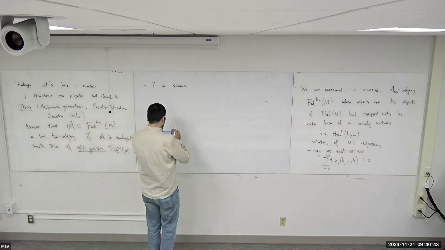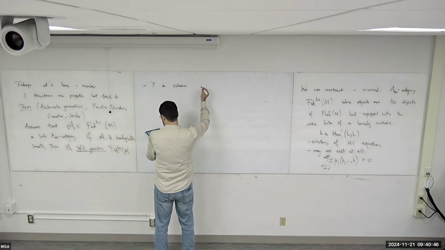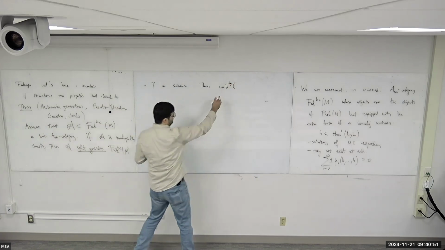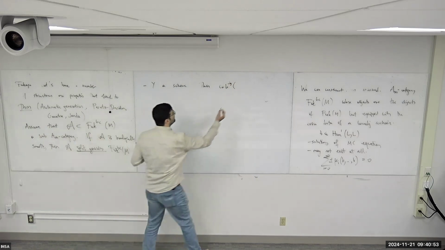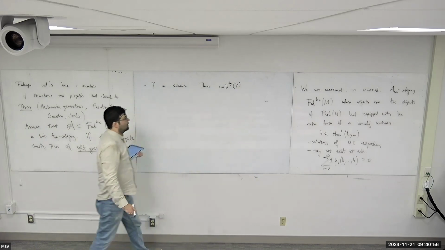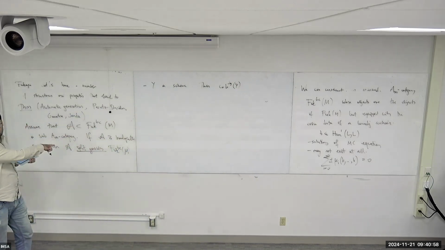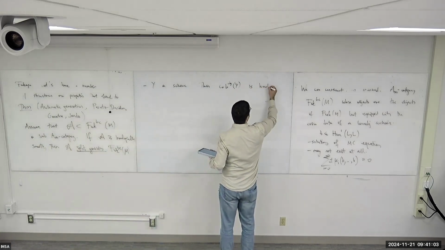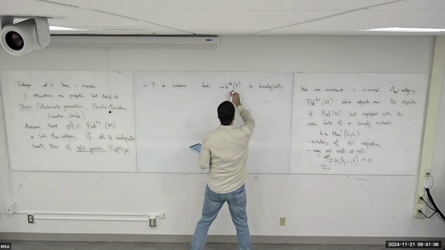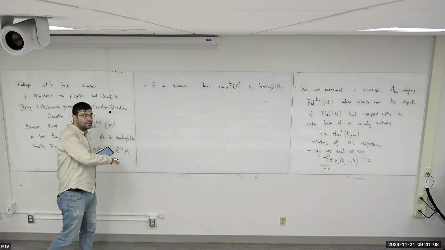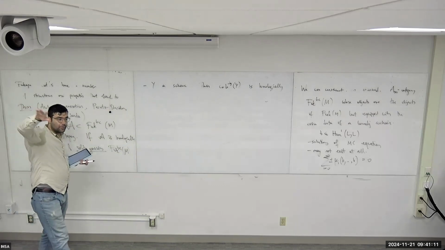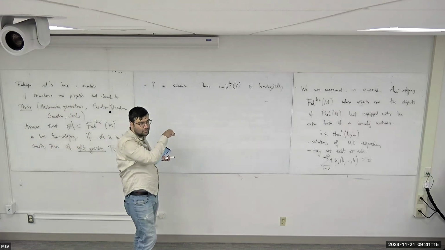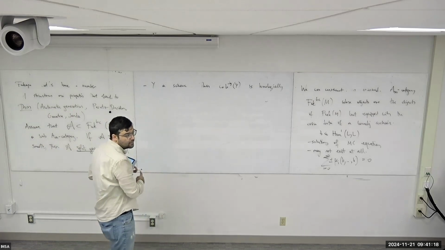Then a DG enhancement, just the derived category of coherent sheaves, if you don't know what this is, satisfies this property. Not always: the thing that's smooth if and only if the category is smooth is Perf, because you can always resolve the diagonal by coherent sheaves.